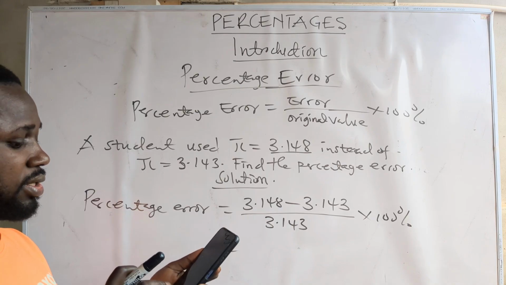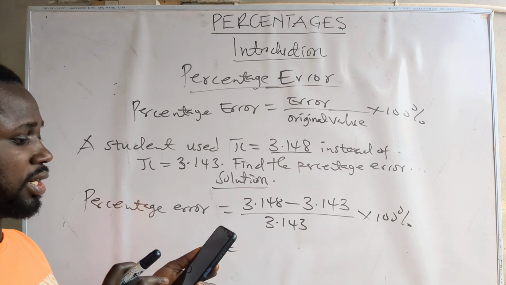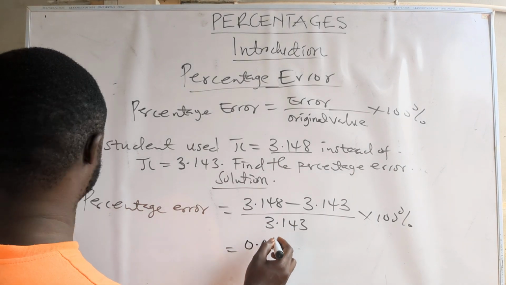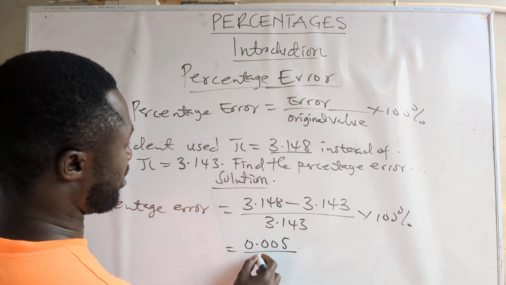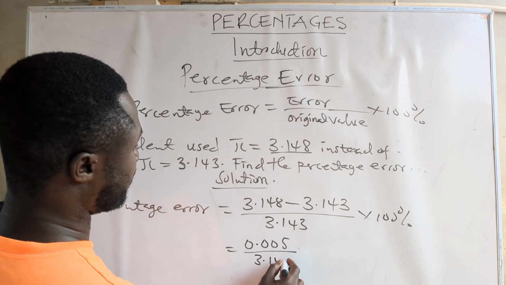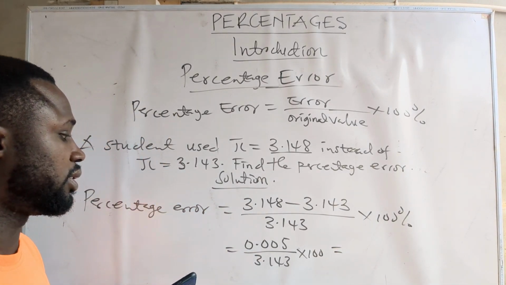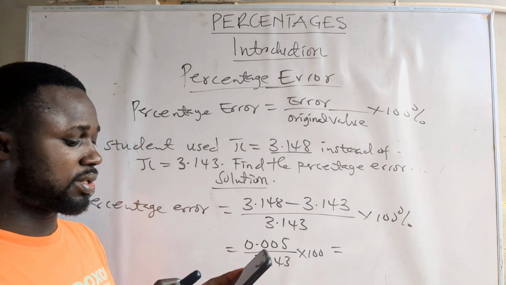So 3.148 minus 3.143 will give us 0.005, divided by 3.143, times 100.